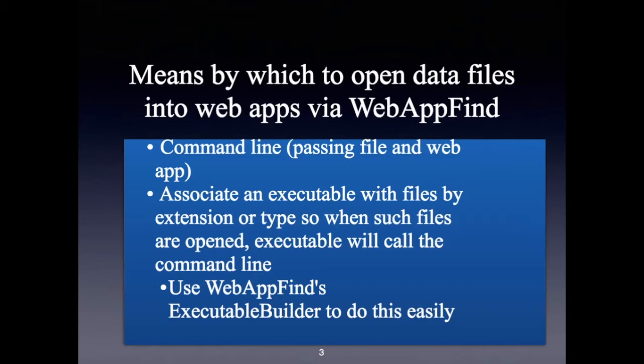However, fortunately for the benefit of non-technical users, rather than requiring you to use a terminal window, it's generally much more practical and easy for you to use WebAppFind to get an executable file built on your behalf and then get that executable associated with a particular file extension or file type, so that whenever you choose to open a file of that type on your desktop, or on a one-off basis as you wish, the executable will communicate with WebAppFind to open your desired web app for that file.